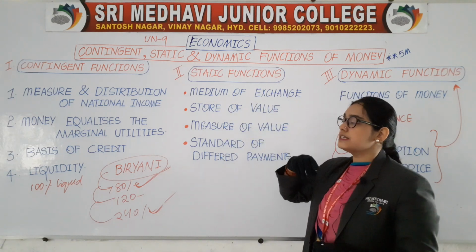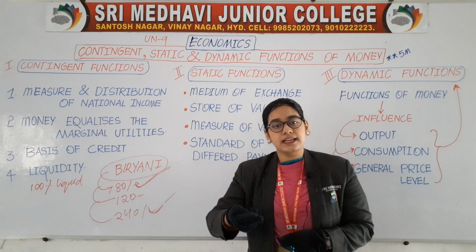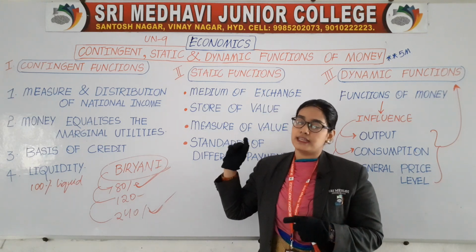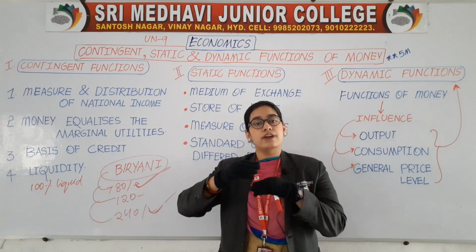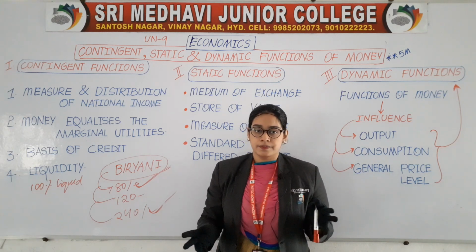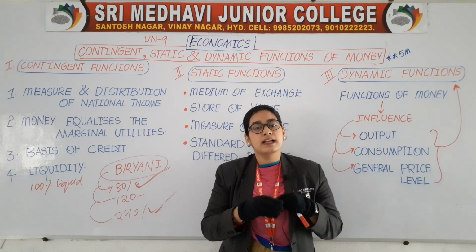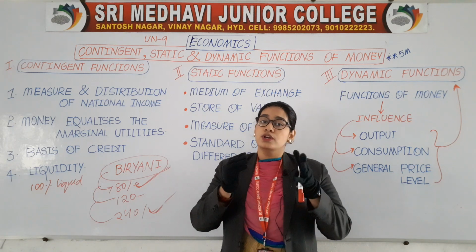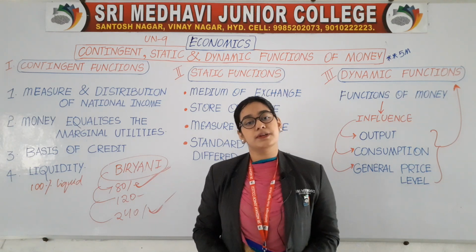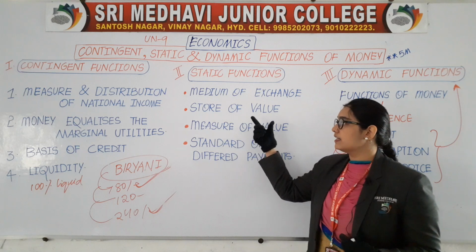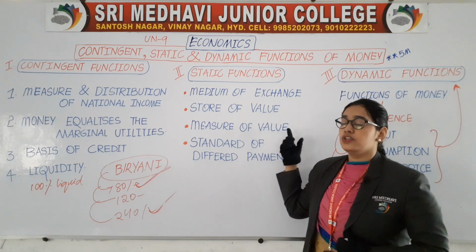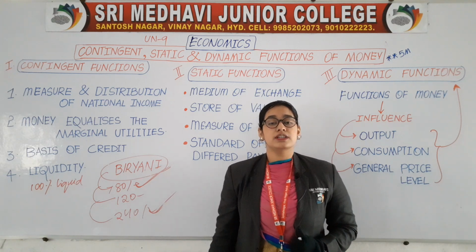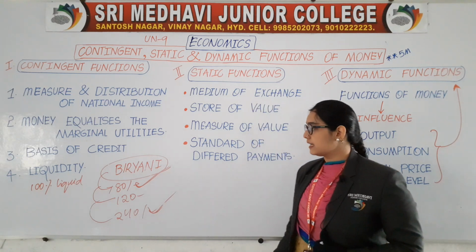Medium of exchange means you can exchange any commodity with money. Store of value, you can store money for an unlimited period. If you deposit it into a bank, after 10 years also your money will be in the same condition. So money has store of value. Measure of value, you can measure any commodity in terms of money.